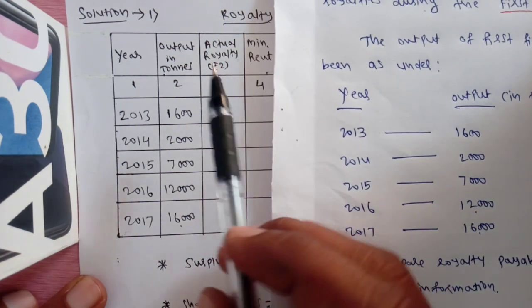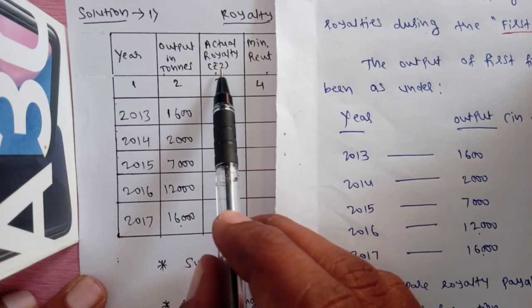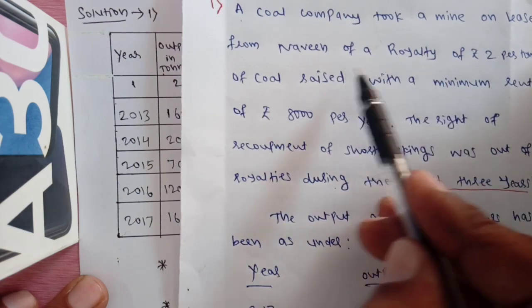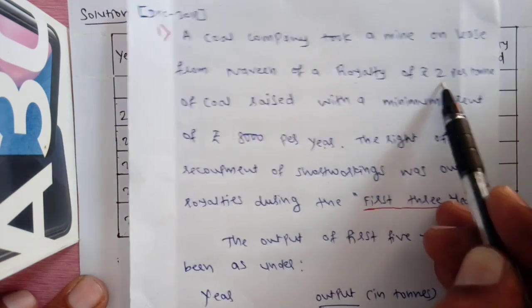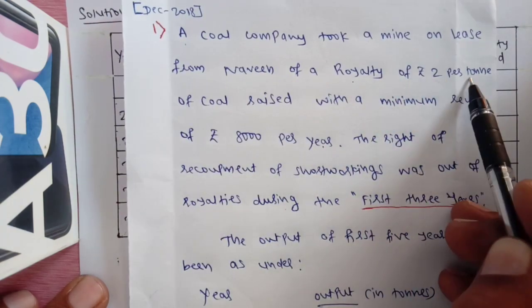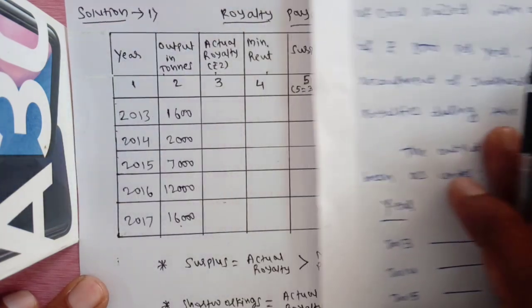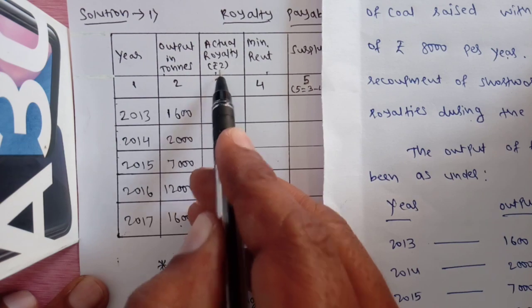Now here, see, column number 3 is actual royalty, that is rupees 2 per ton, which is given in the problem. See over here, royalty of rupees 2 per ton of coal raised. Okay, so it is 2 per ton.